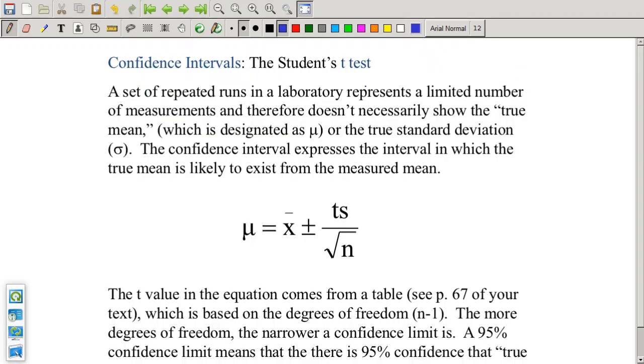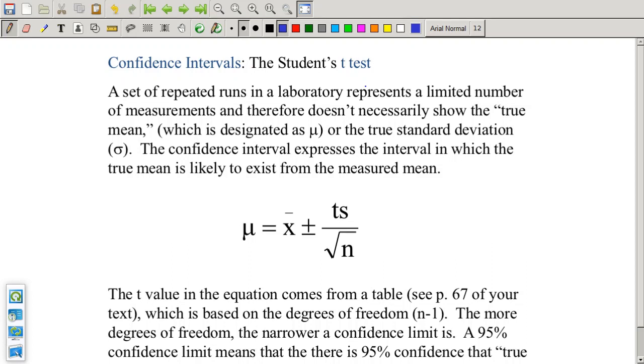Okay. So now, let's talk about this idea of confidence intervals. This is a really tough one because there are a number of ways of representing this, and there are a number of different uses for it.